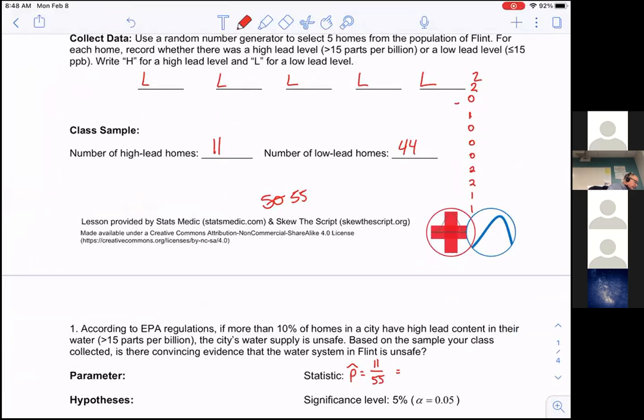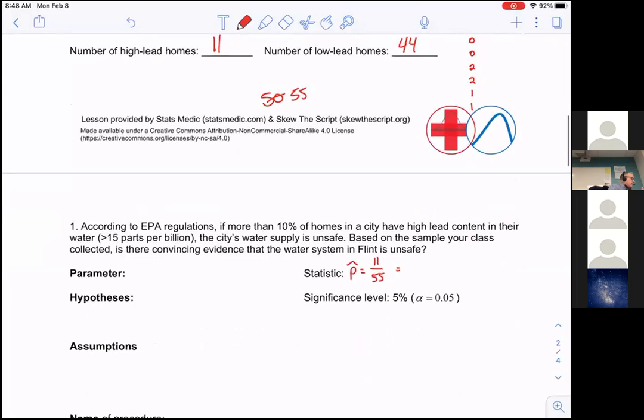All right, so interesting. 11 out of 55 was going to give us, why doesn't that make sense in my head?